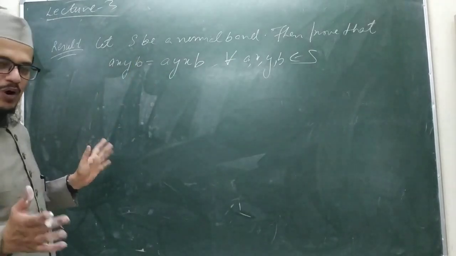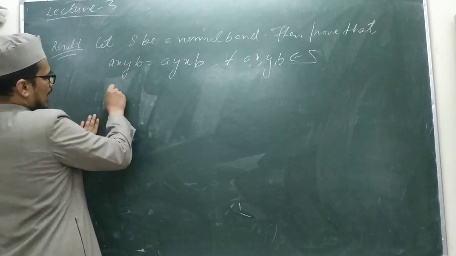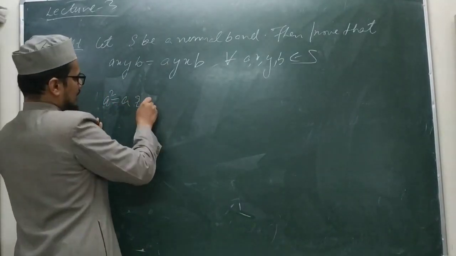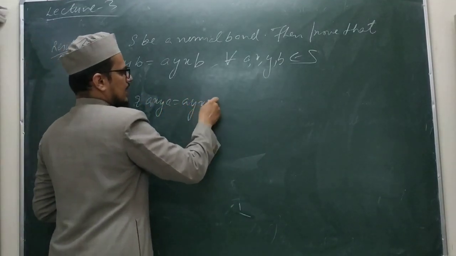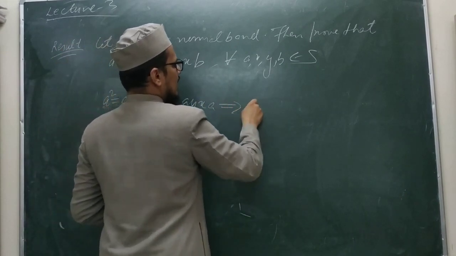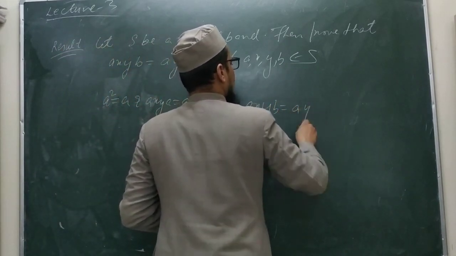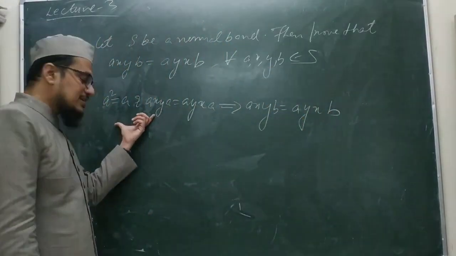Means what you have to prove, what you have and what you have to prove. You have A square is equal to A, and AXYA is equal to AYXA implies AXYB is equal to AYXB. These two conditions you have.